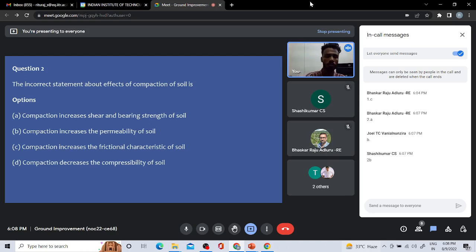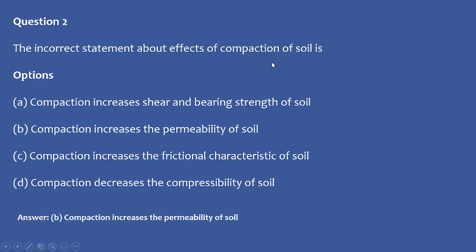If you have gone through the lectures or notes of the previous week, this is pretty straightforward. Compaction helps in the densification of the soil, due to which the air void or void ratio between the soil particles will decrease. So the incorrect statement among these four is that it increases the permeability of soil.